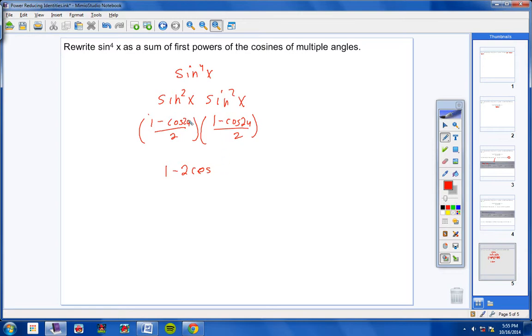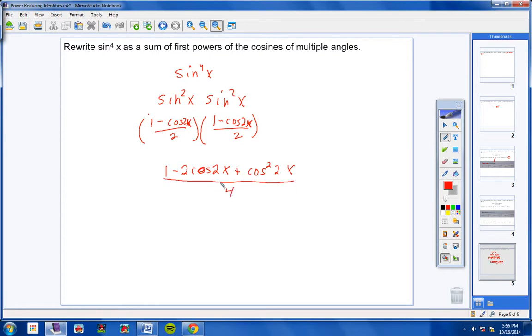That'd be an x, wouldn't it? Sorry about that, students. 2x, because you started off with an x, not a u. So 1 minus 2 cosine of 2x plus cosine squared of 2x, okay? And all of that would be over 2 times 2, which is 4.